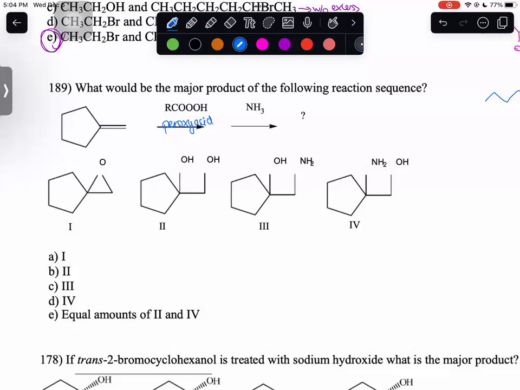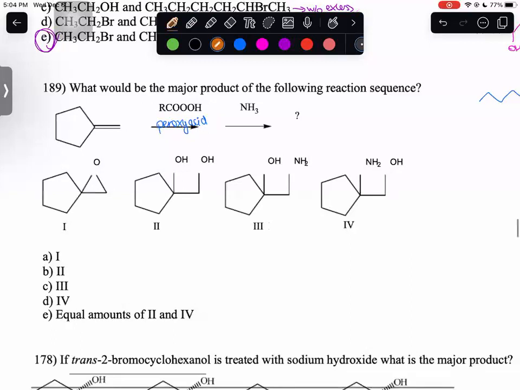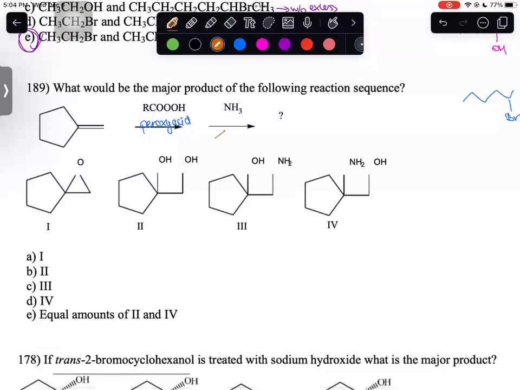Epoxide. Beautiful, Kayla. So you're creating this. You have your little epoxide instead of the double bond. After that, what happens with NH3? What's that? It's a base. So we do base cleavage.